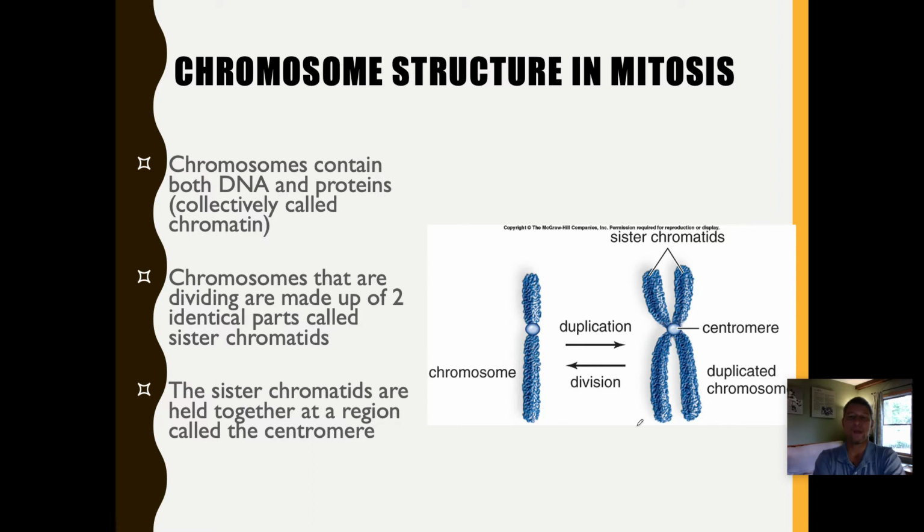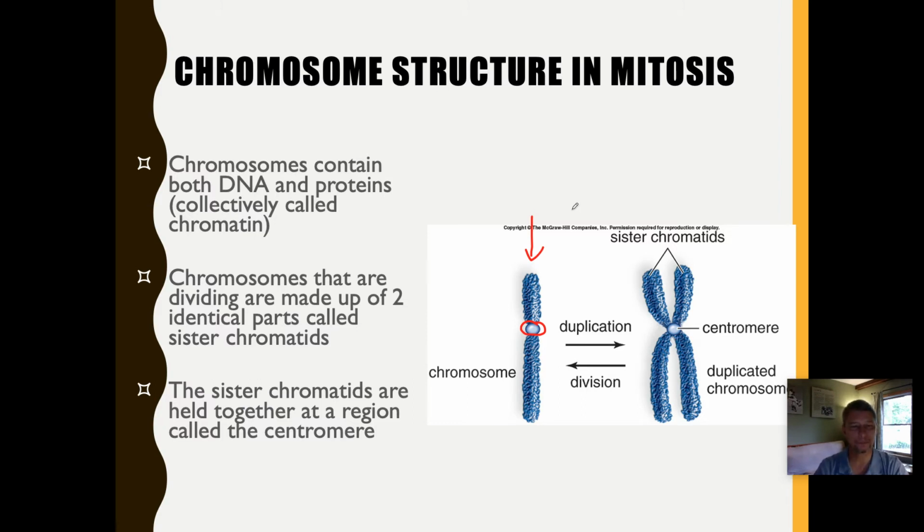Now, during or right after the mitotic process, when you've got a brand new cell, the chromosomes look like the one that we see here on the right. All right, a single chromosome. This little knob here is called a centromere, and that's made of proteins and some other materials that hold the chromosome together.